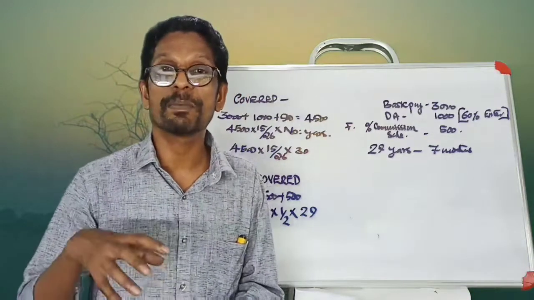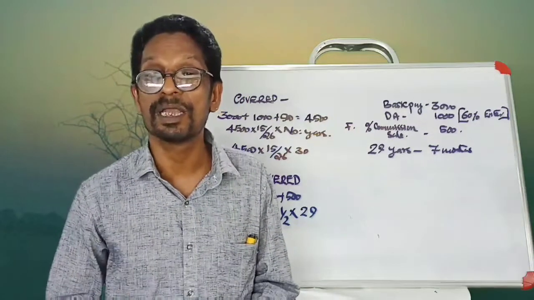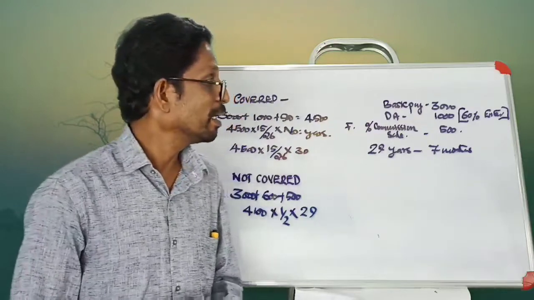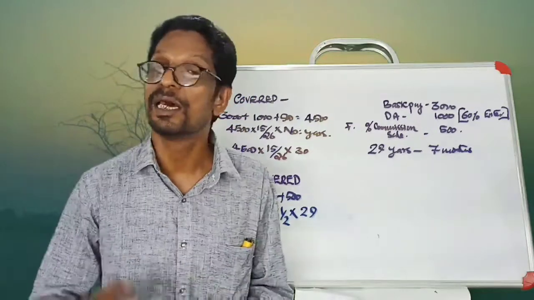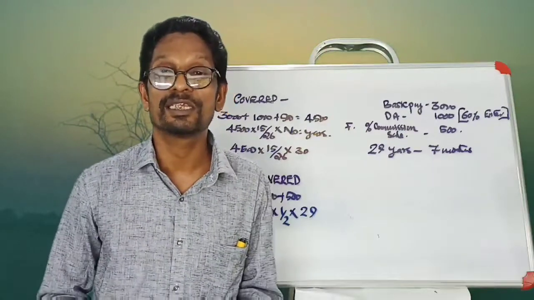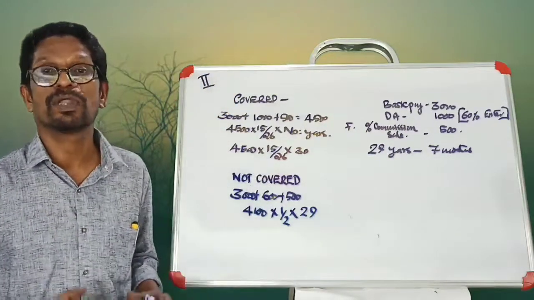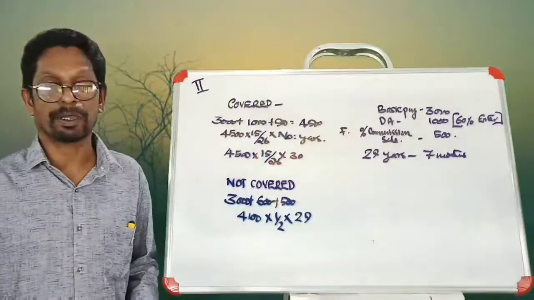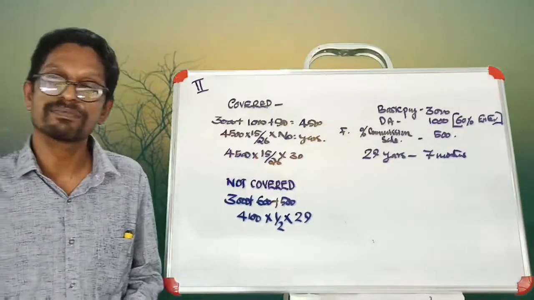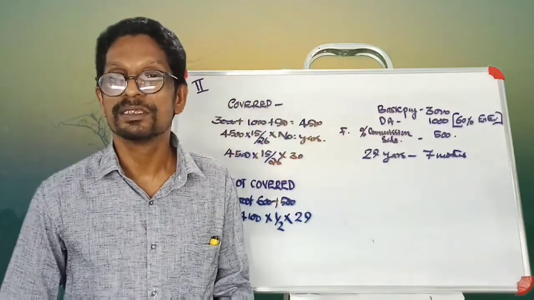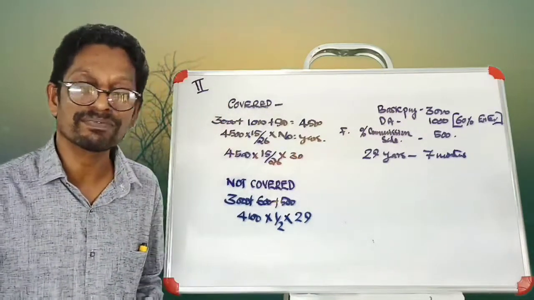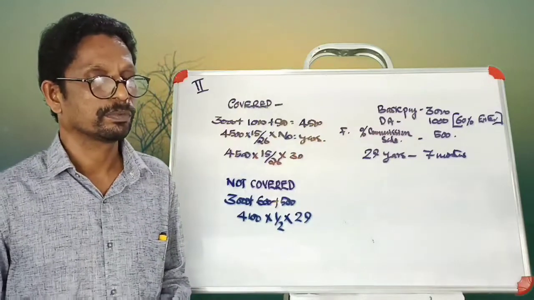Regarding the government employees, the death cum retirement gratuity received by them is fully exempted from tax. Regarding the non-government employees, they can be classified into 2 divisions: those who are covered by the Act of 1972 and those who are not covered by the Act of 1972.